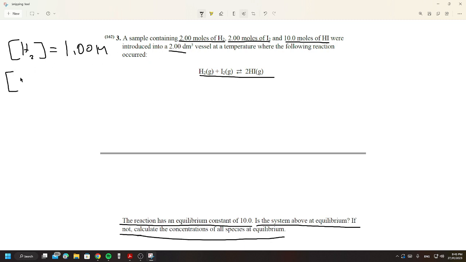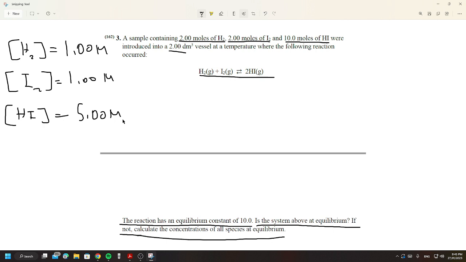Concentration of I2, same thing also because same number of moles, 1.00 molar, and then concentration of HI is just going to be equal to 10.0 divided by 2.00, so 5.00 molar. Okay, so the reaction has an equilibrium constant of 10.